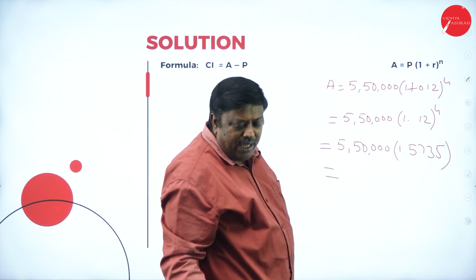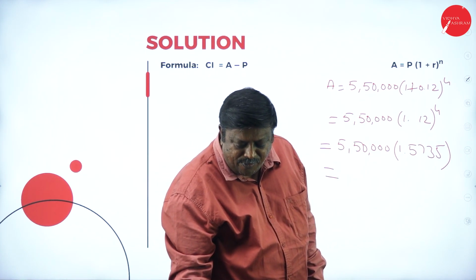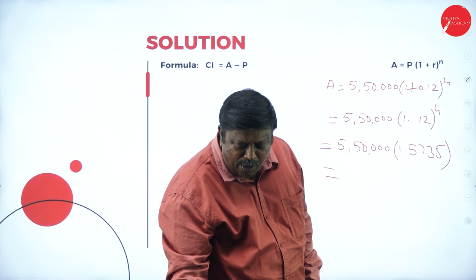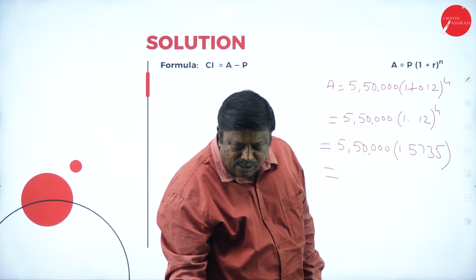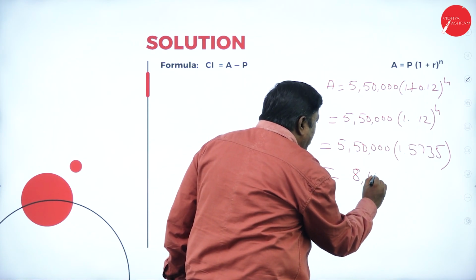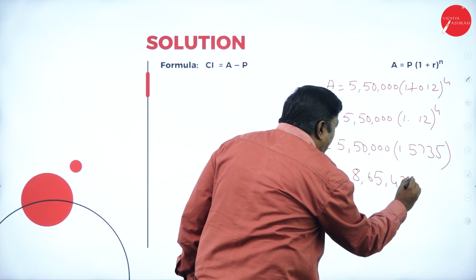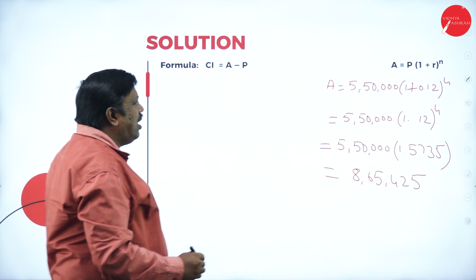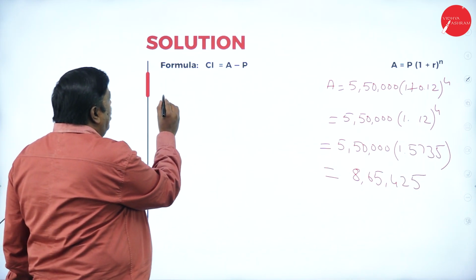So 5,50,000 into 1.5735. So it is going to be 8,65,425. So the annuity amount will be here.